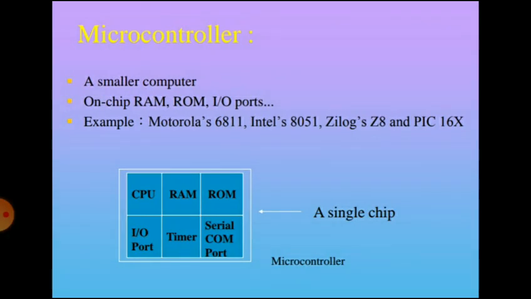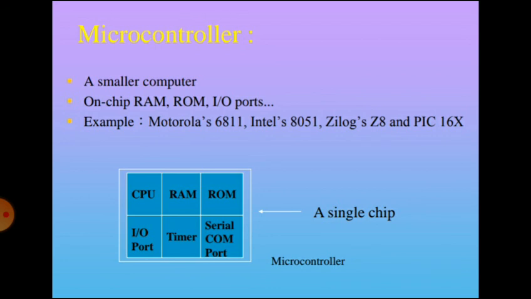Then the microcontroller is a small computer on a chip. There is RAM, ROM, and input ports. So you can see a single chip on which there is a CPU, RAM, ROM, then input output ports, timer, and serial COM ports placed on a single chip, that is called a microcontroller.